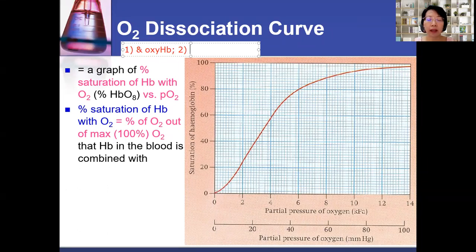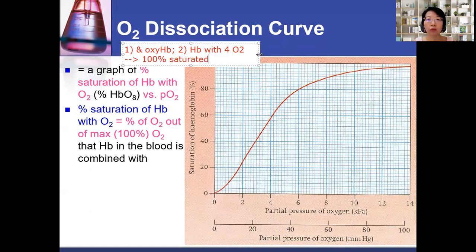The second way to understand is that my hemoglobin has 4 subunits, 2 alpha and 2 beta globin. So altogether, one hemoglobin can carry 4 oxygen. Therefore, when a hemoglobin is carrying 4 oxygen, I will consider it as 100% saturated.